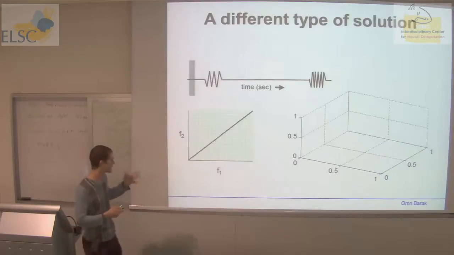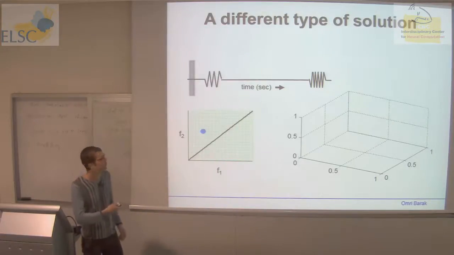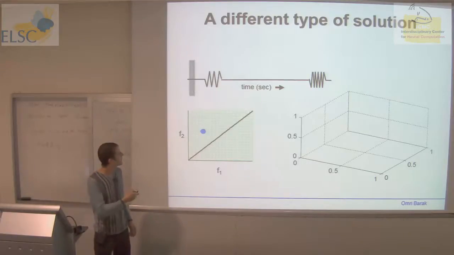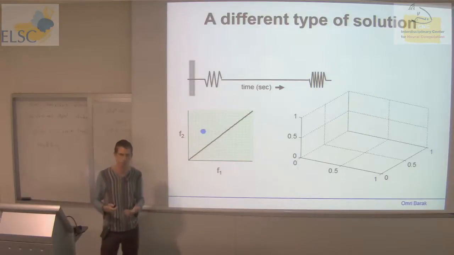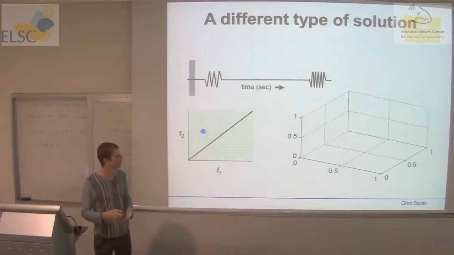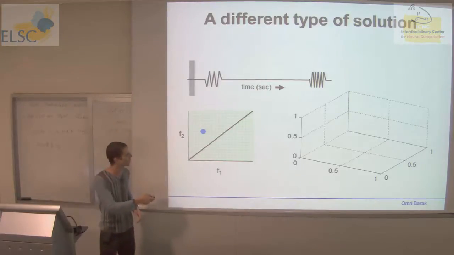And to understand this, we have to consider what happens in the network as we provide the stimulus. So for a specific stimulus protocol, let's say a specific value of F1 and F2, this is the stimulus space, and there is also the neural space, let's say 1,000-dimensional space where every dimension corresponds to the activity of a given neuron. And I'm not very good at drawing 1,000 dimensions, so I'll only plot 3.